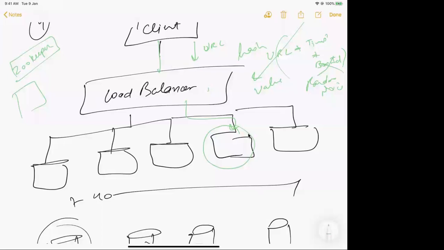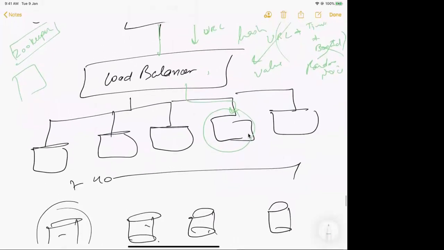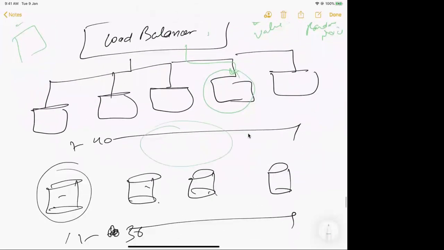Now, to go to the correct DB, would you agree with me that there should be a consistent hashing layer after this, which will tell you which particular DB to go to? Right. So there would be a consistent hashing layer here, which would tell you which particular DB you want to go to.